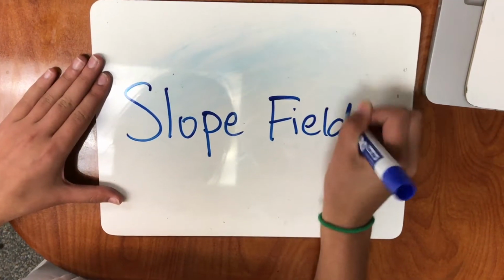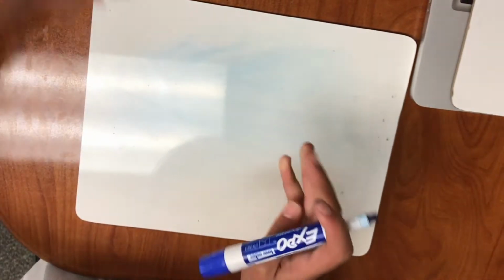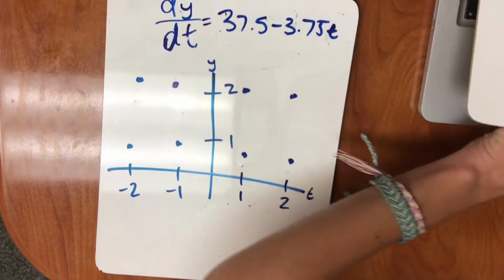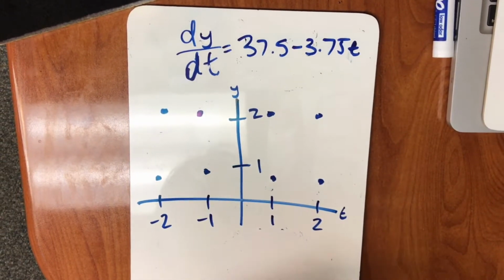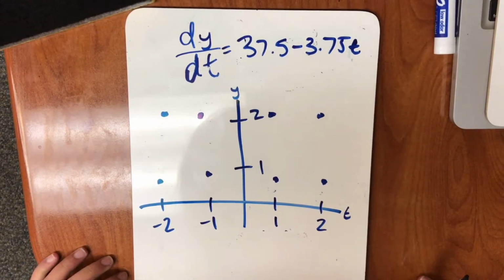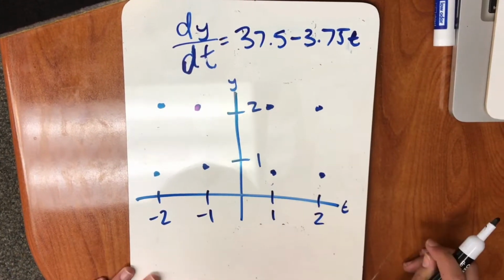I will teach you how to do this just because you are a good math student and love to learn extra math in your free time. Yay! Okay, so slope fields are basically a graph with an x and y axis that plots the tangent lines to a differential equation at every point. Therefore, slope fields are a tool to graphically obtain the solutions to a first-order derivative, or dy/dx, equation.